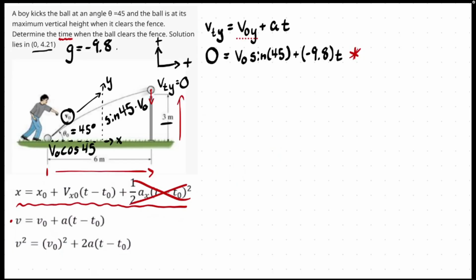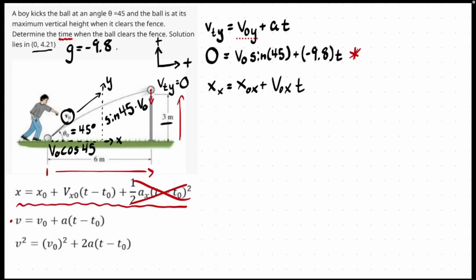So let's write it over here. I want the x position in the x. That's going to be the final x position, equals the x position initially, plus our initial velocity in the x times time.